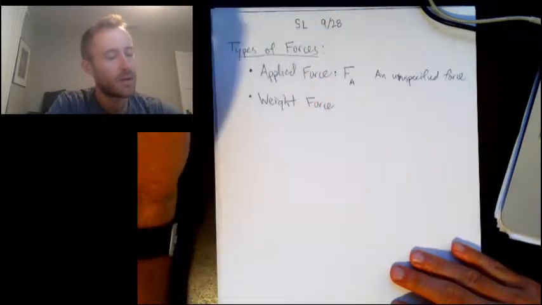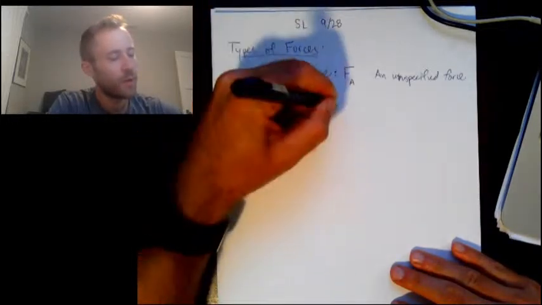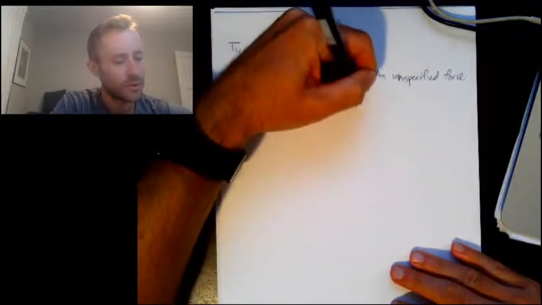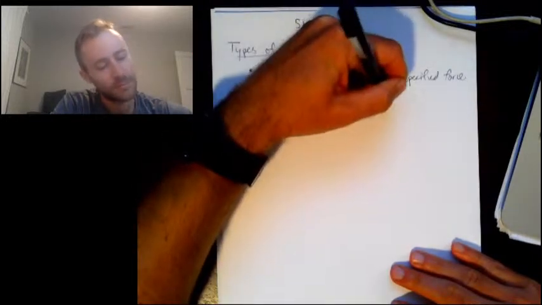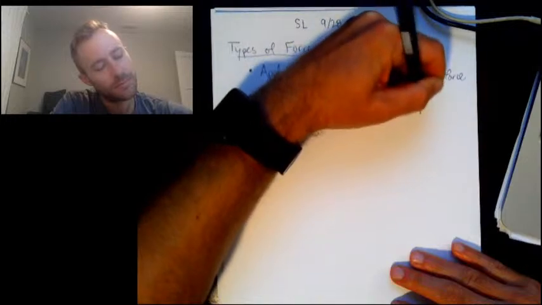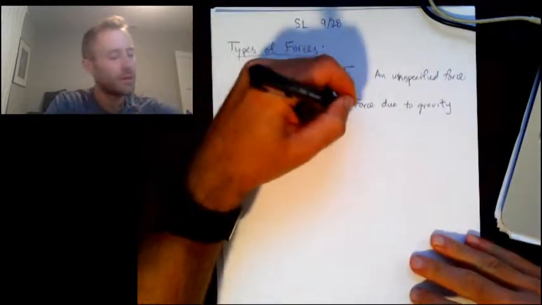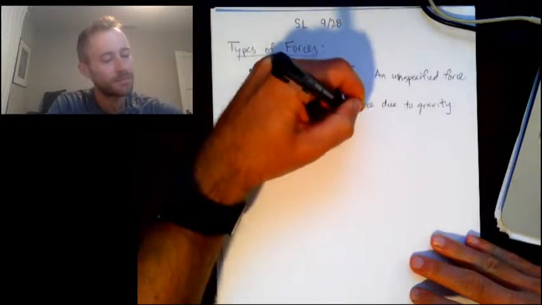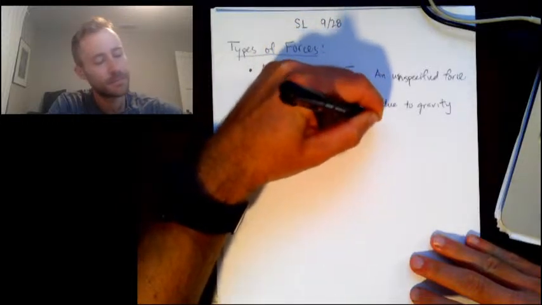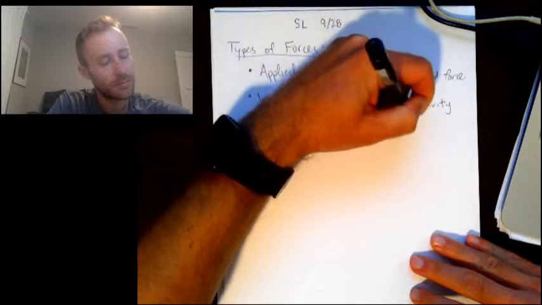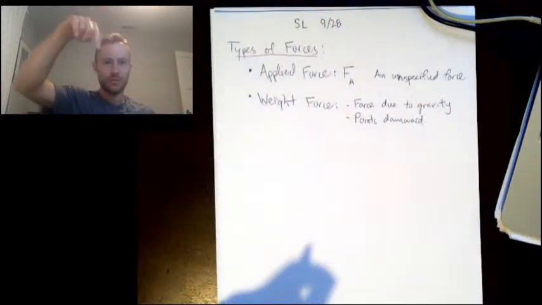The next type of force I want to talk about is called the weight force. The weight force is the force due to gravity. It points downward because gravity points down.